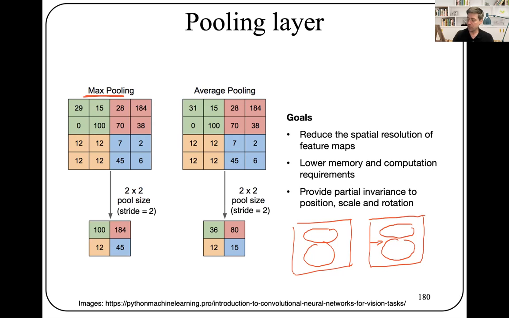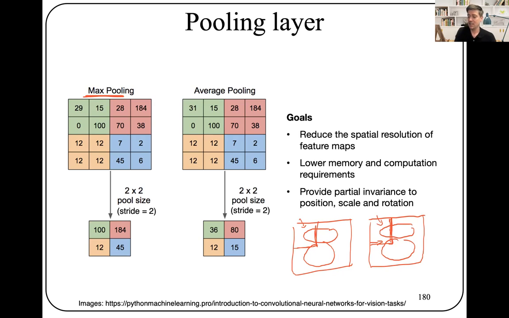I'm going to use a bigger pooling window, but my point is that even though you shift your image a little bit, the maximum value within that window is very likely going to be the same.